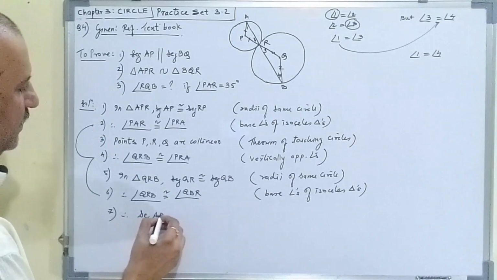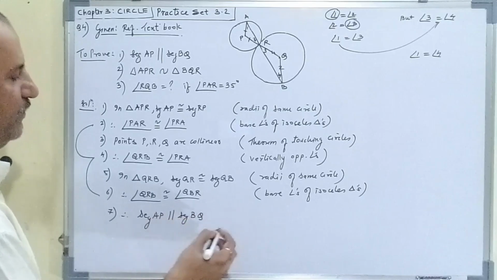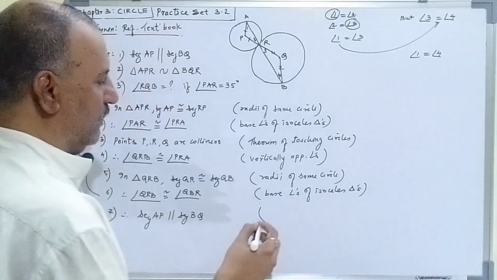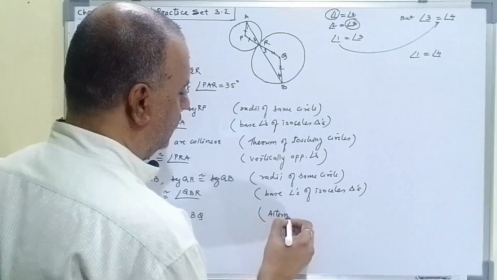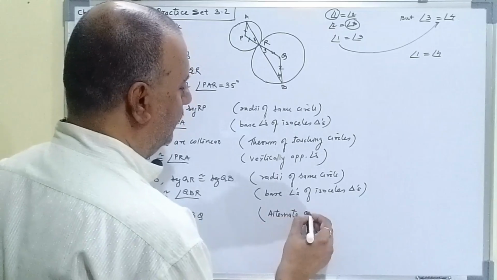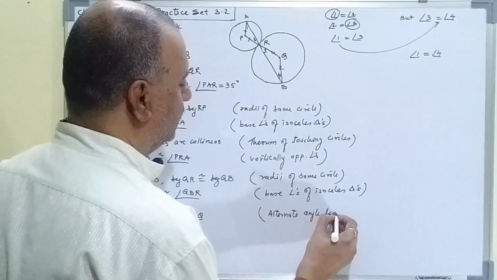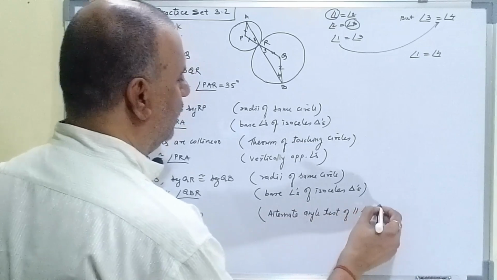Therefore, seg AP parallel to seg BQ, alternate angle test of parallel lines.